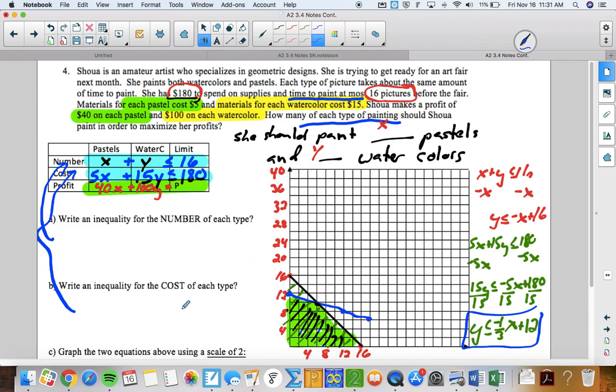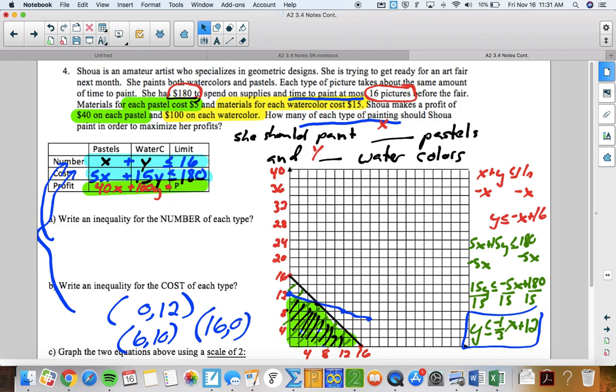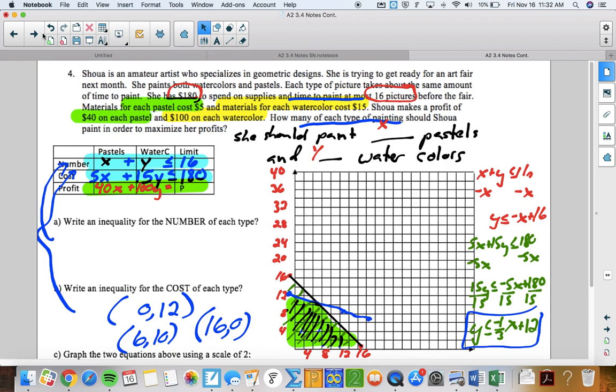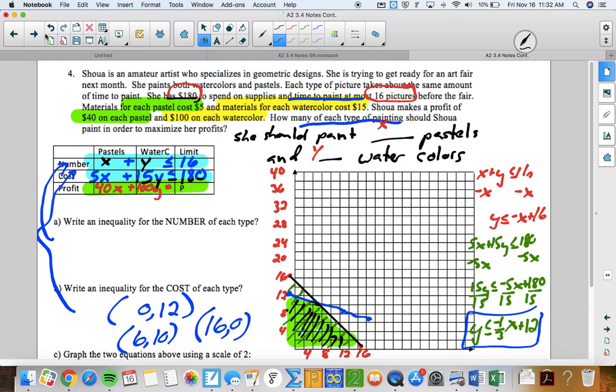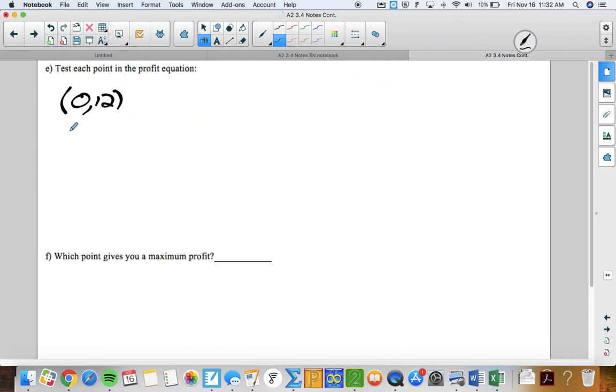And so the vertices of our feasible region are (0, 12), (6, 10), and (16, 0).